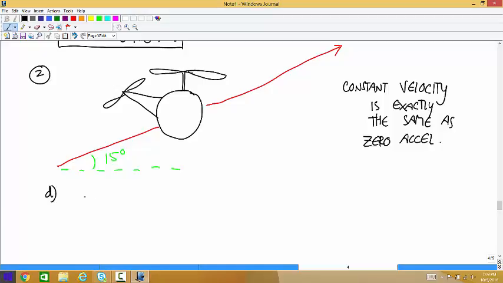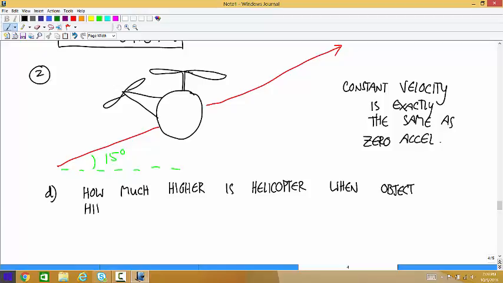D asks how much higher is the helicopter when the object hits the ground. So one thing we would have already known is, part B asks how long it takes for the object to hit the ground. Anybody have that time?